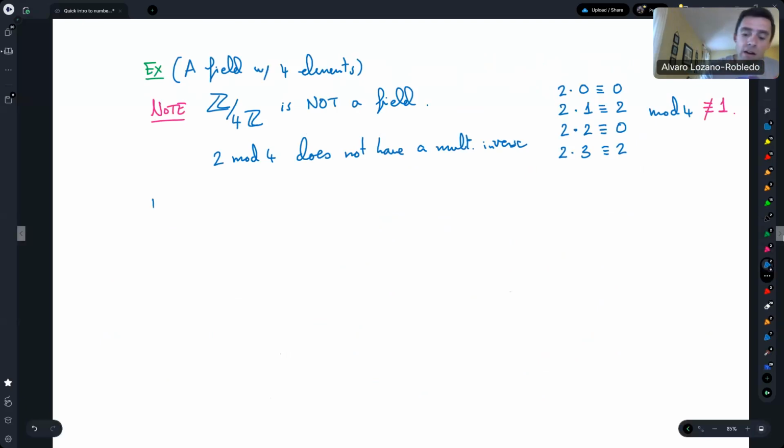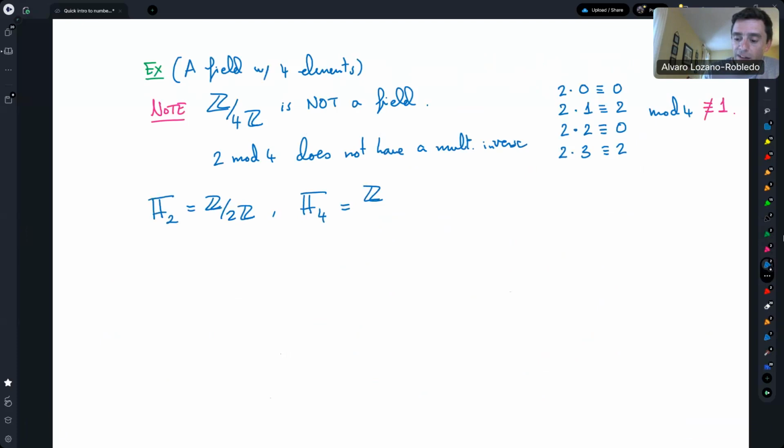So instead, what we do is we start from F2, which is Z mod 2Z, and then I'm going to build F4 as Z mod 2Z adjoined something that I'm going to call, let's call it x, such that x squared plus x plus 1 is congruent to 0 modulo 2.